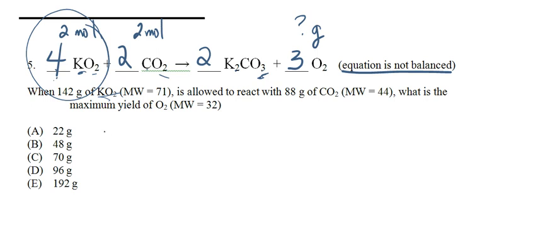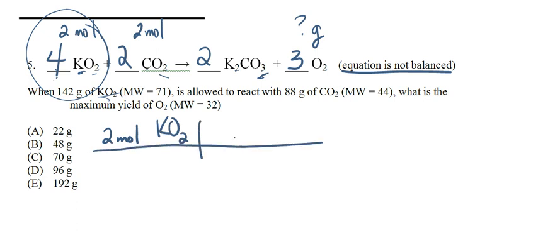Okay, so we've got our 2 moles of KO2. And we're going to do a mole ratio. We know who our limiting reactant is, so we're not even going to worry about that step. So we'll go right to the mole ratio. Step 1, write a balanced equation. Step 2, change what was given into moles. Done. We did it.